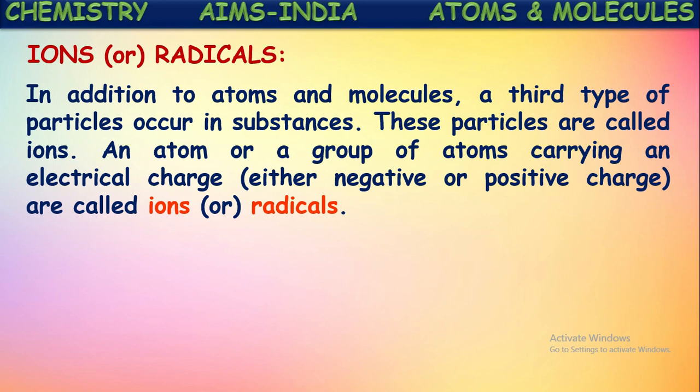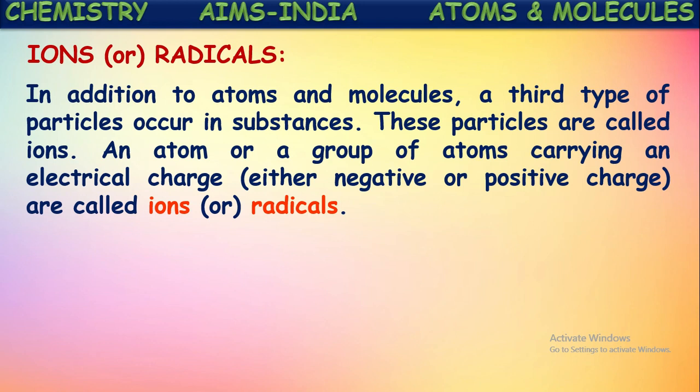An atom or a group of atoms carrying a charge are called ions or radicals. An atom or group of atoms, nothing but molecules, carrying a certain charge on it. That charge might be either negative or positive. Those charged particles are said to be ions or radicals.